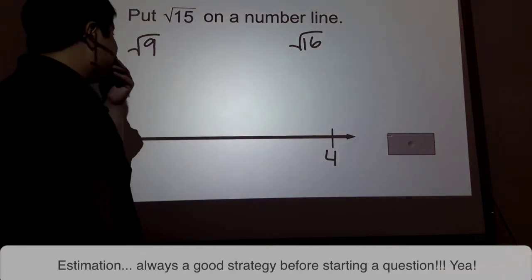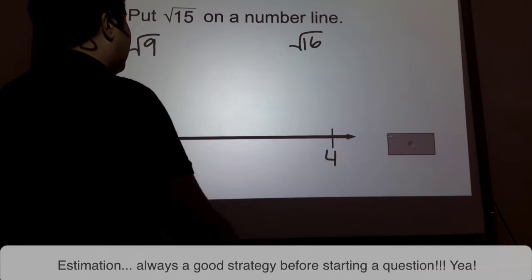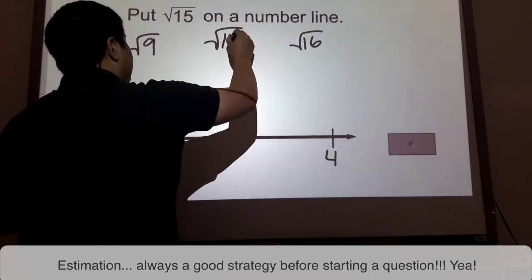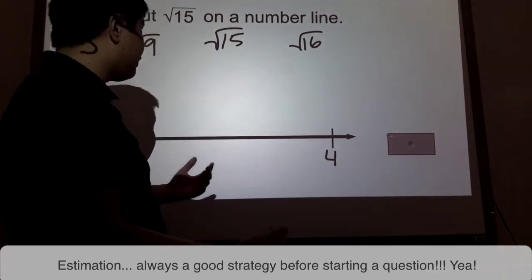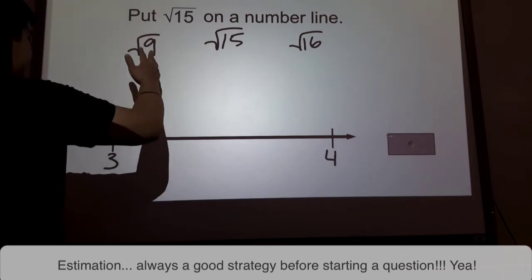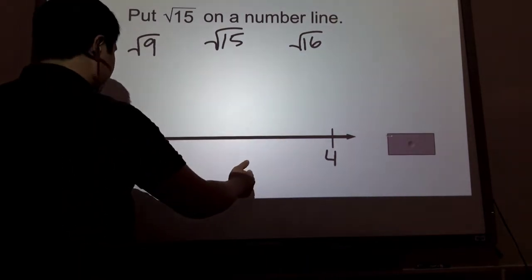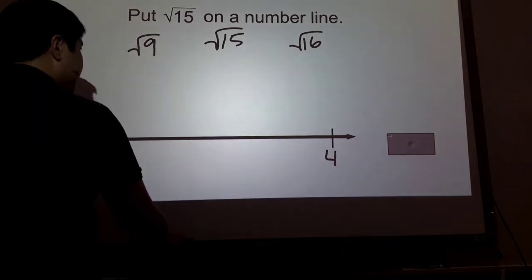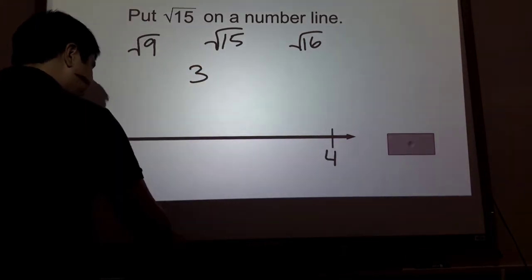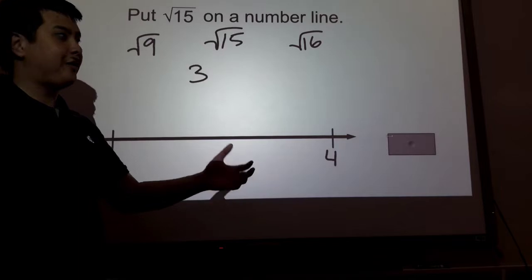So, how do we figure this out using a process? The algorithm for this is to first say that the answer is going to be 3 something, because we know it's going to lie in between 3 and 4. So we would simply write 3. Then we're going to create a fraction next to it.